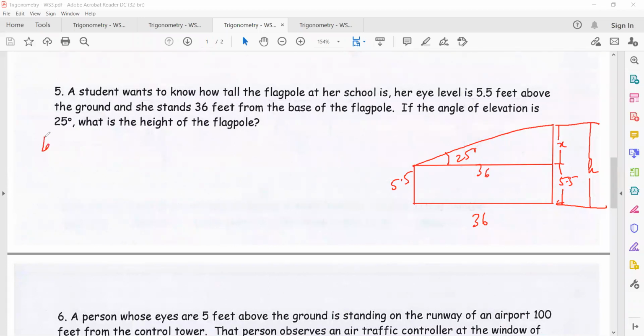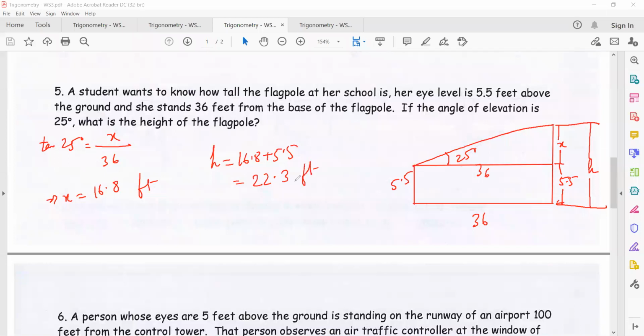We will use tan 25 degrees equals x over 36, so x equals 16.8 feet. Now this is not the total height. Height will be 16.8 plus 5.5, because x is this, and the total height includes the 5.5. So ultimately the total height will be 22.3 feet.